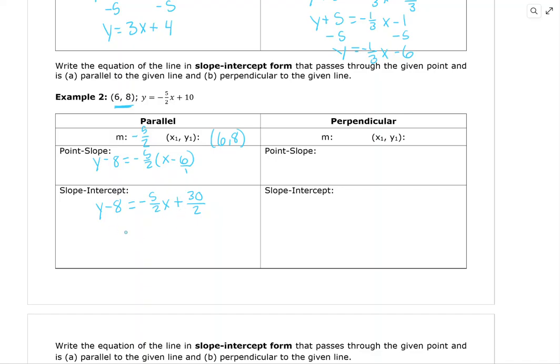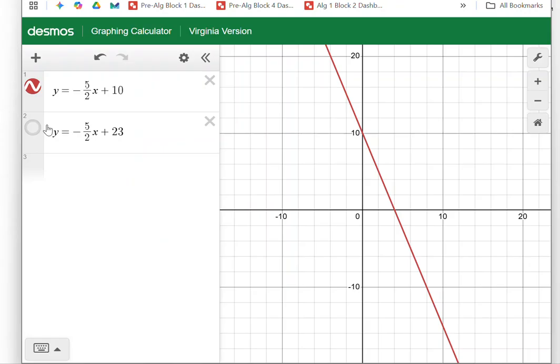And we can simplify this. 30 divided by 2 would get us 15. We're going to look at the subtract 8, and we'll add 8 to both sides. And we will get y equals -5/2x plus 23.